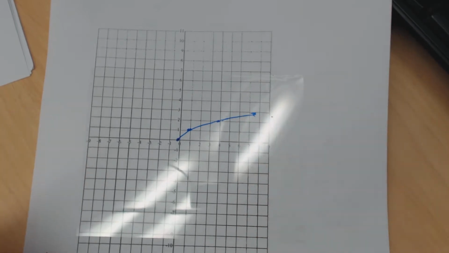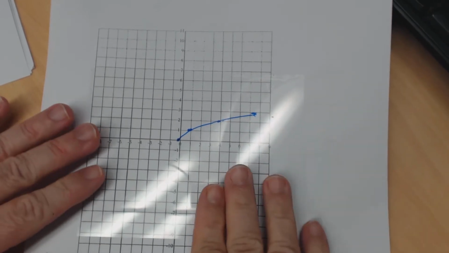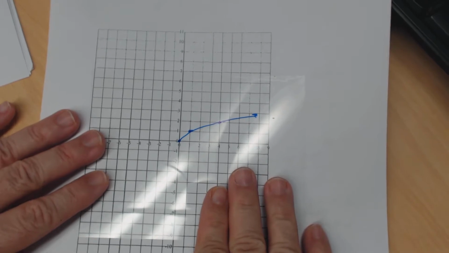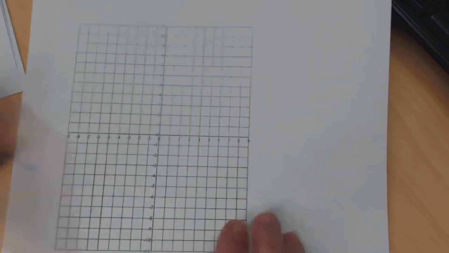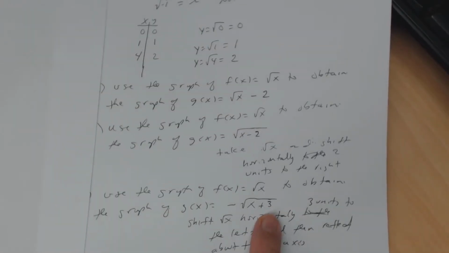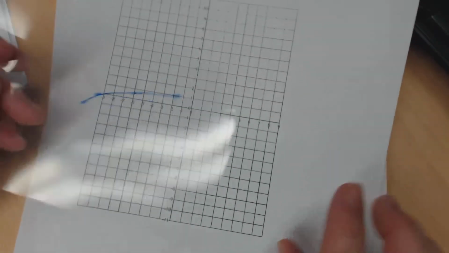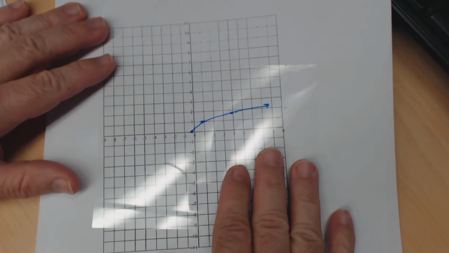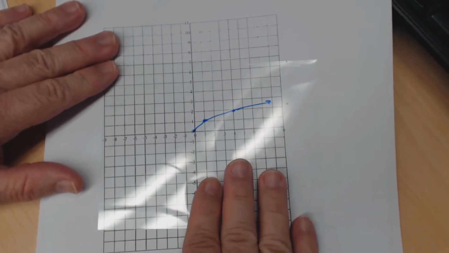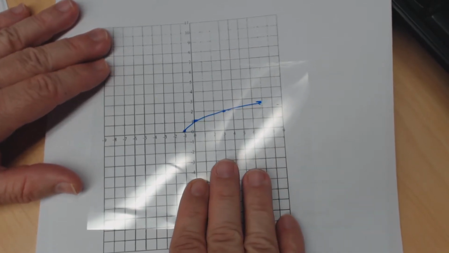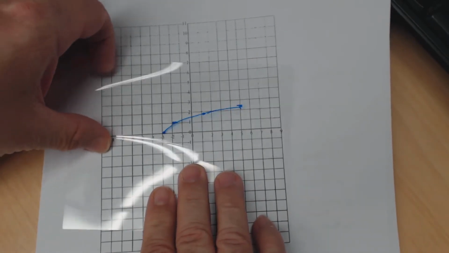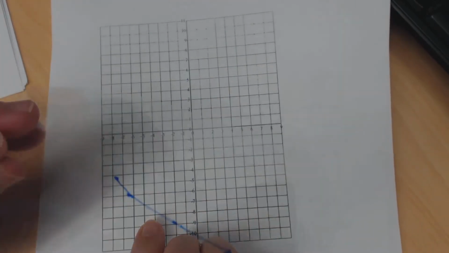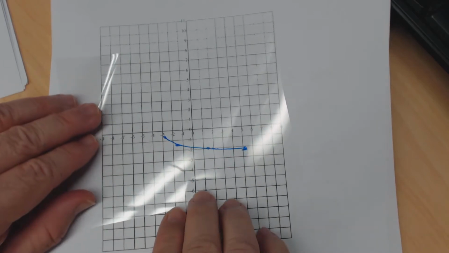Okay, and so it says that we're going to shift it 3 units to the left. So it's going to eventually look like this. You're going to move this 3 units to the left. 1, 2, 3. And then you're going to reflect it about the x-axis.